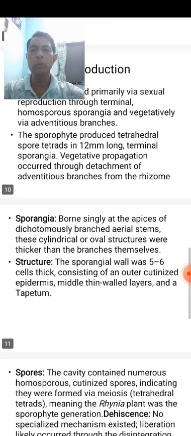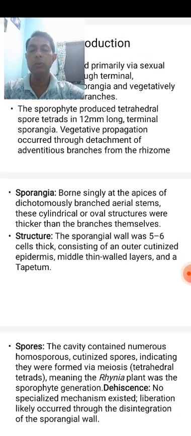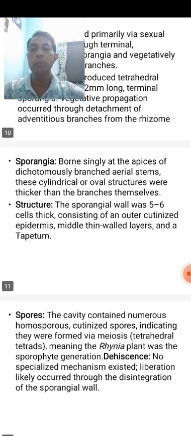Looking at the structure of the sporangia, the sporangial wall was 5 to 6 cells thick, consisting of an outer cutinized epidermis and a middle thin-walled layer, and a tapetum is also present.